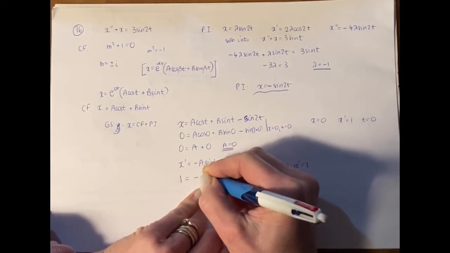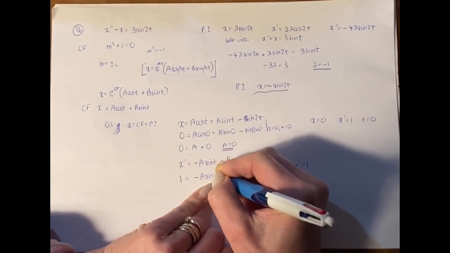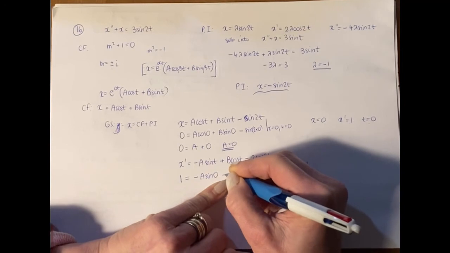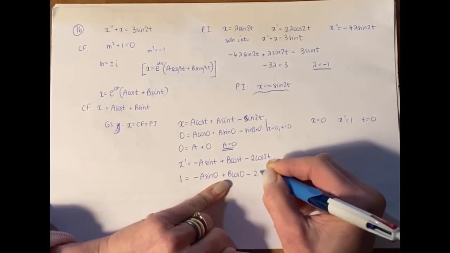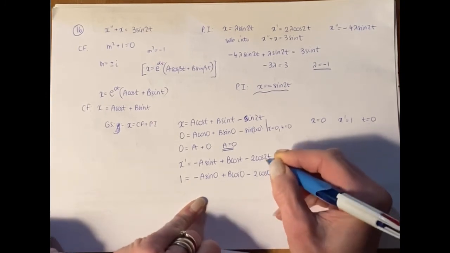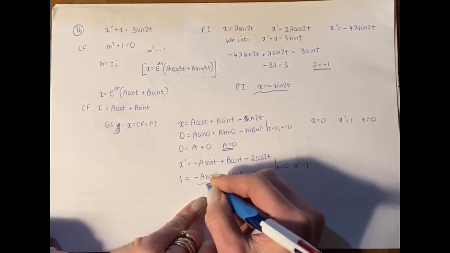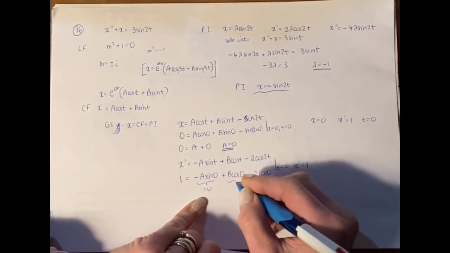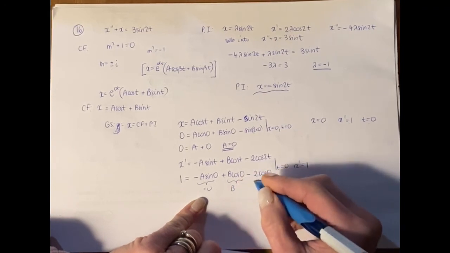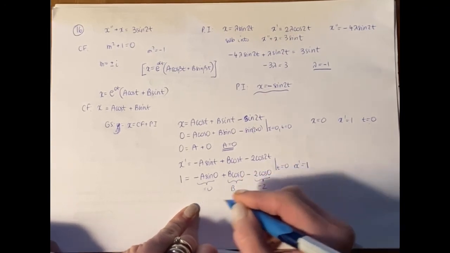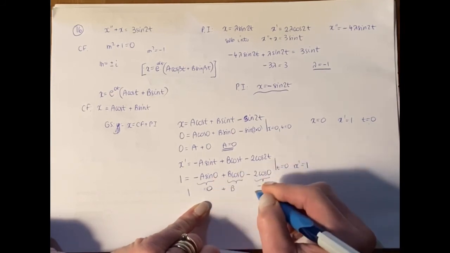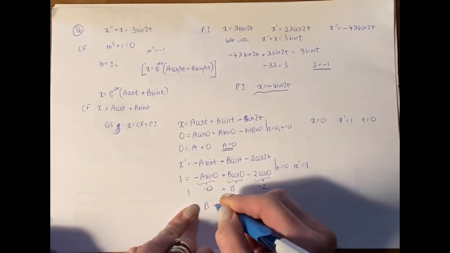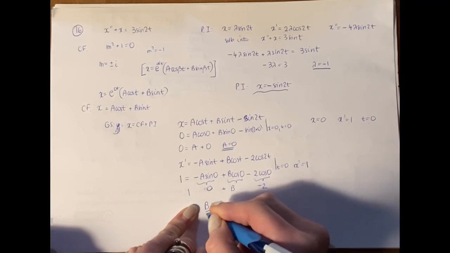So minus a times sine 0, but a was already 0, plus b times cos 0, minus 2 times cos 0, because 2 times 0 is 0. This is b times 1, so it's b, and that's minus 2. So 1 is equal to 0 plus b minus 2, giving me b is equal to 3.